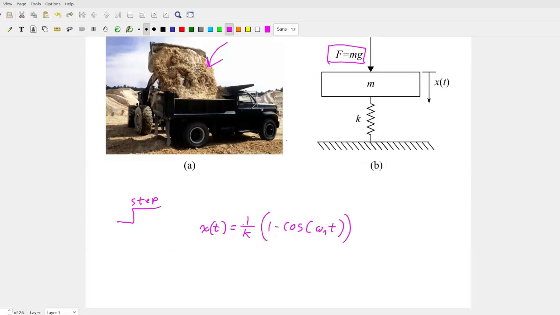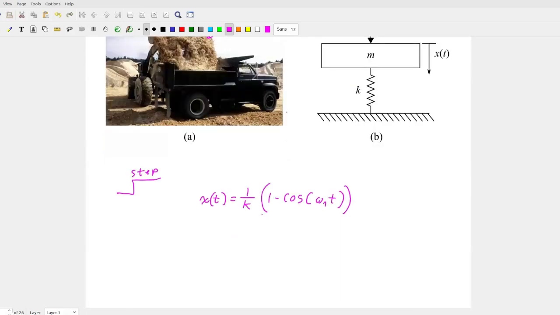And if I want to put that into the units I had before, I'm going to say that is equal to mass times gravity over k of 1 minus the cosine of omega n t. Oh, I need a bracket, and I need a slightly bigger bracket.